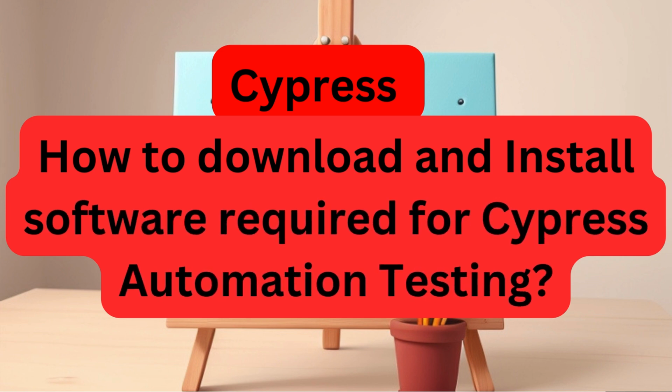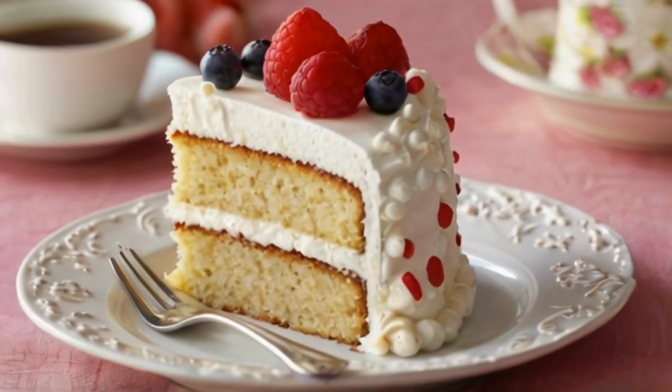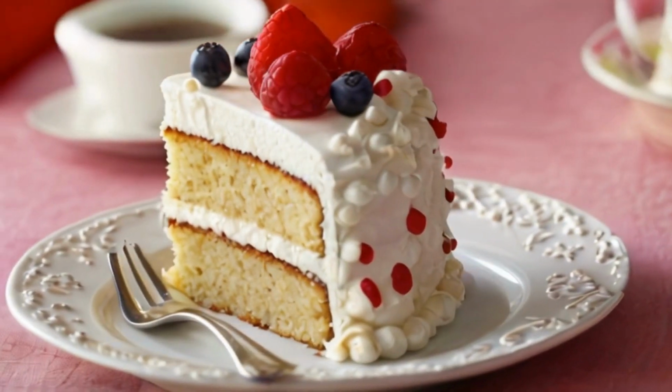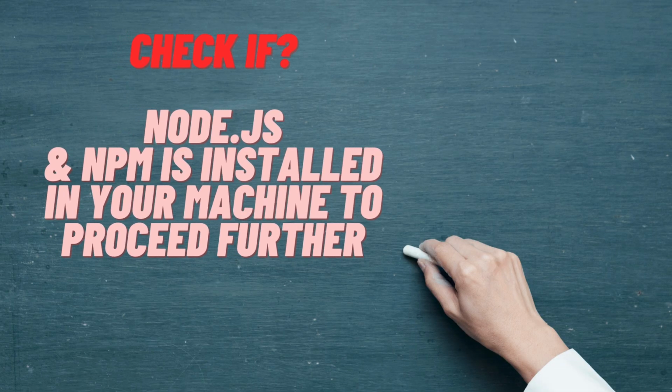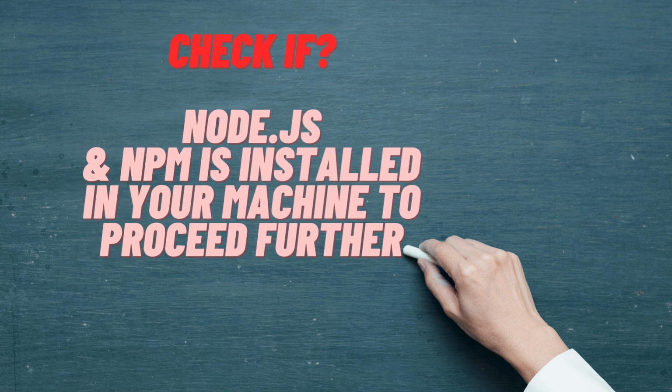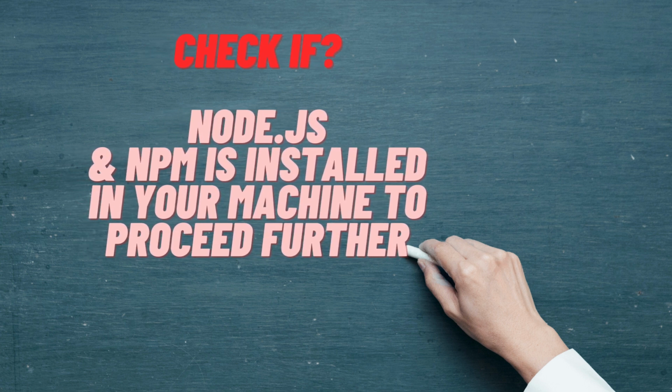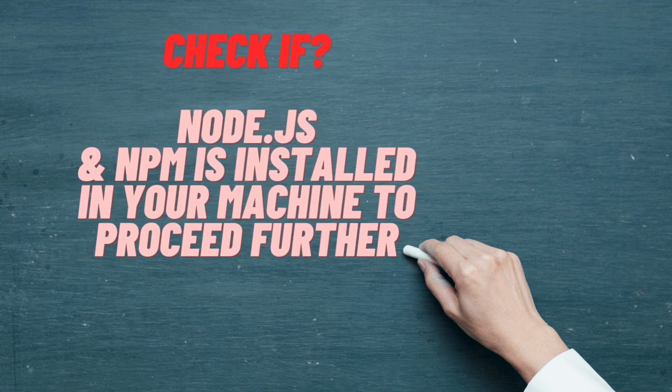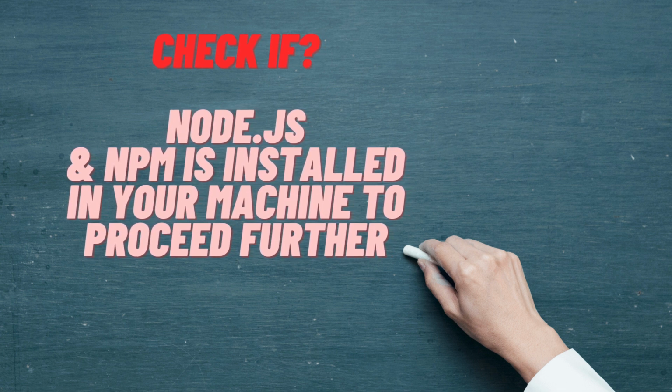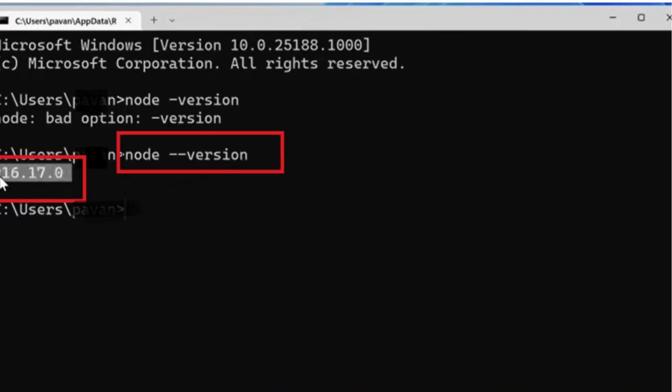So what if I tell you Cypress installation is just a piece of cake? Yes, it is actually. I'll show you. First, please check if Node.js and npm are installed on your machine. How will you check that? Open the command prompt and type the command node --version.